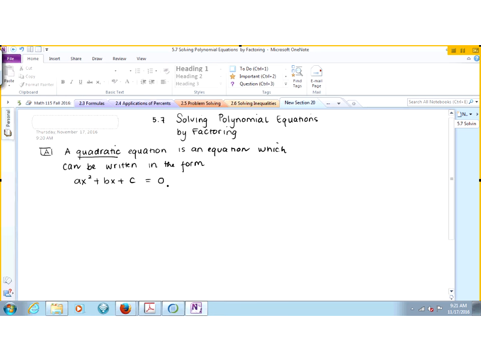Now, one side must equal 0. So I'm going to write down that the right-hand side is equal to 0. And this is called the standard form of a quadratic equation.